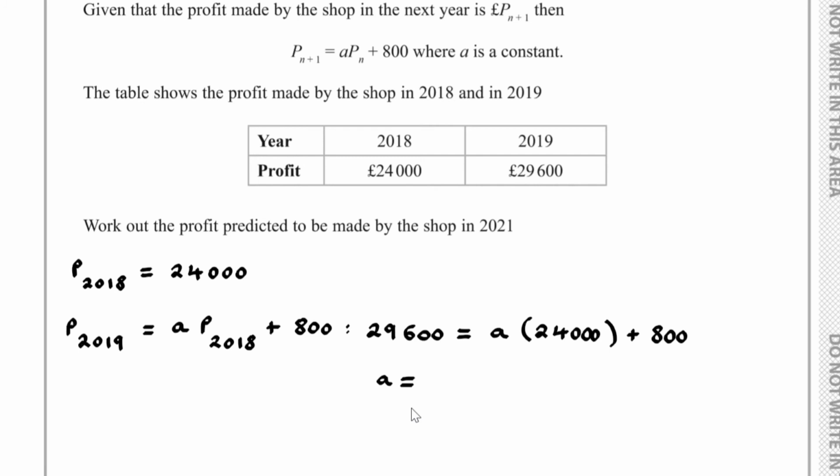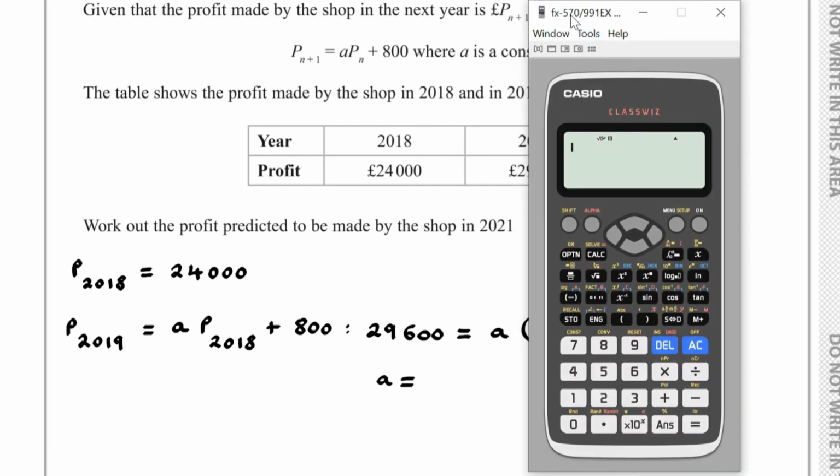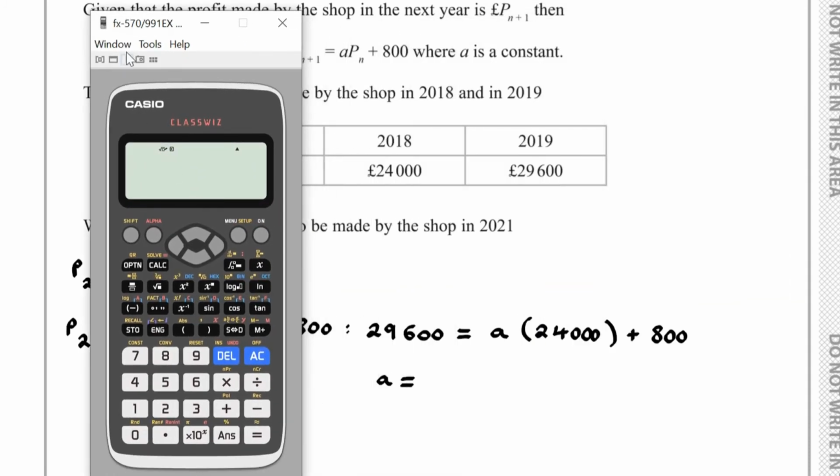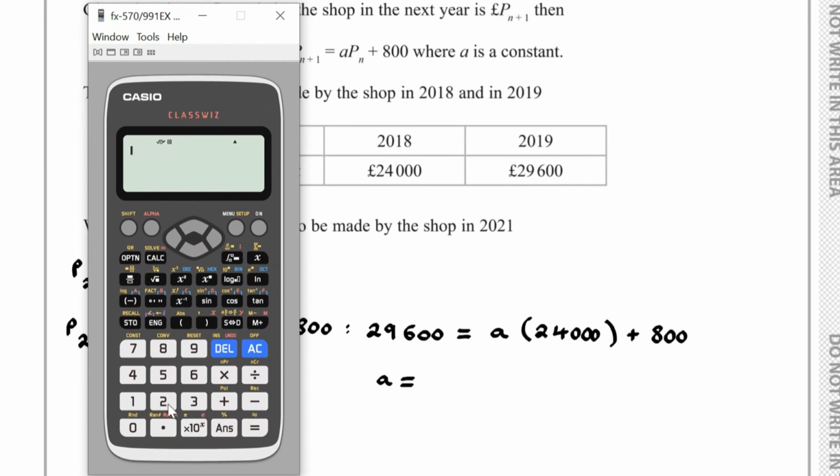A then, that's equal to, well here I would have A equaling 1.2.